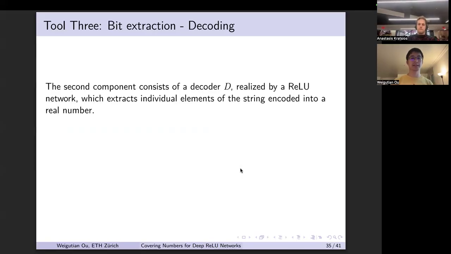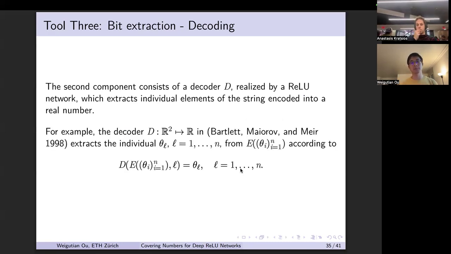The second component is the decoding part, where they have to implement a ReLU network to decode the encoding. And in their paper in 1998, they construct a network D, which takes input of the encoding and also another input L, so that the output will be theta L, where theta is the string they encode into the encoding, and L is the other input of the decoding network.